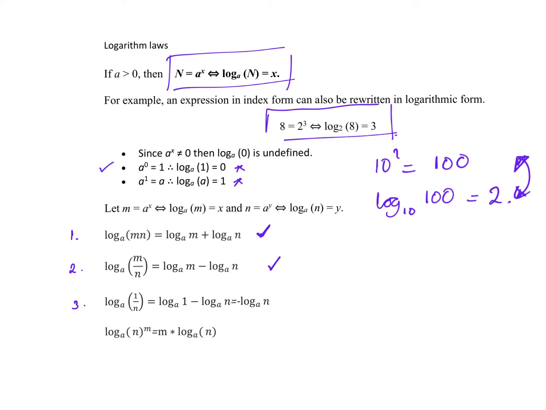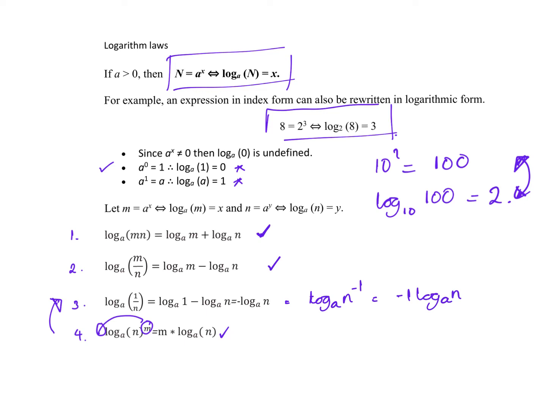Really, once we have a look at this rule here, I'll show you another way of doing that one. So when you have a power, log base a of n to the power of m, that power can move down the front and then you end up with that. So in order to do this one differently, that would have been log base a of n to the minus 1, and so therefore we can bring that minus 1 in front.